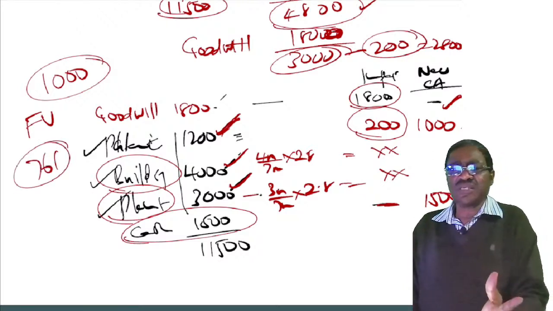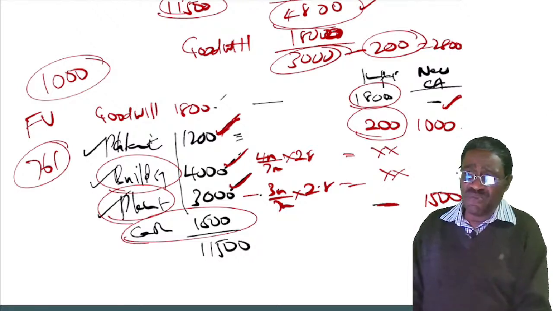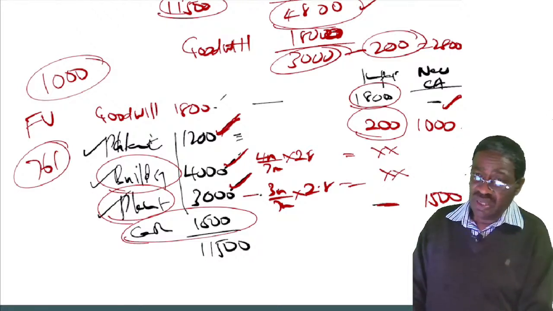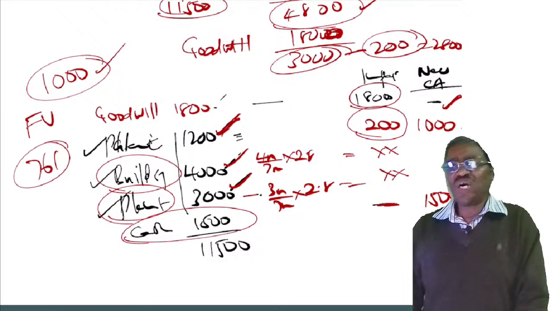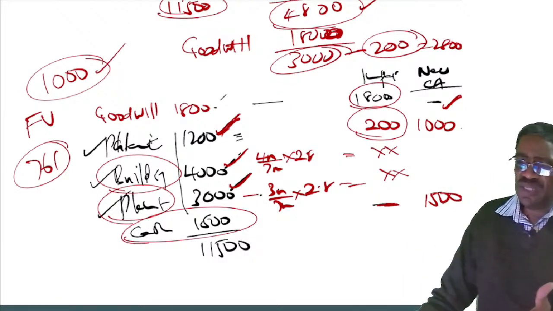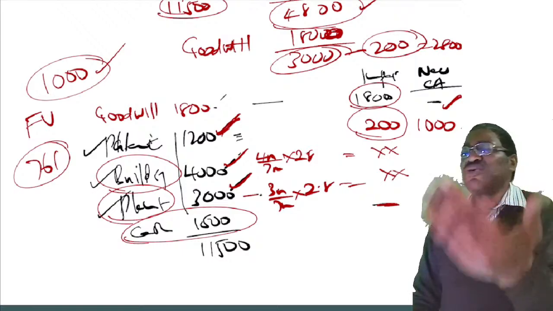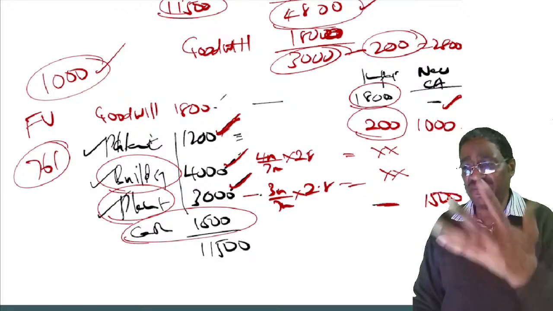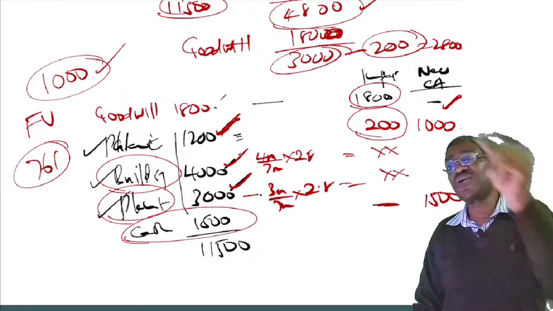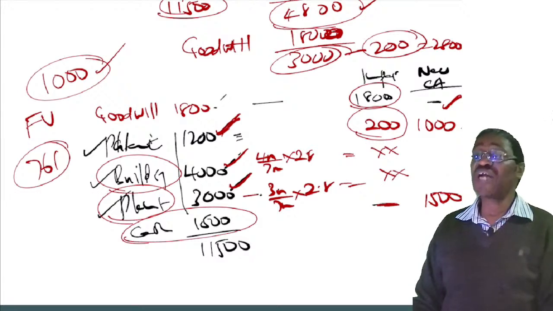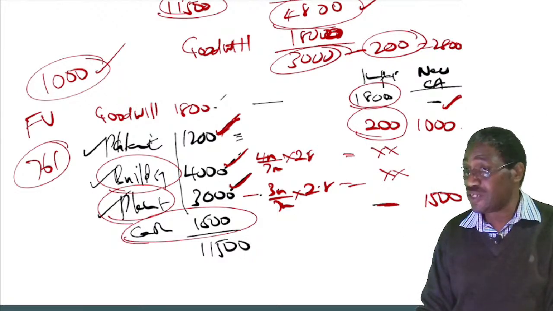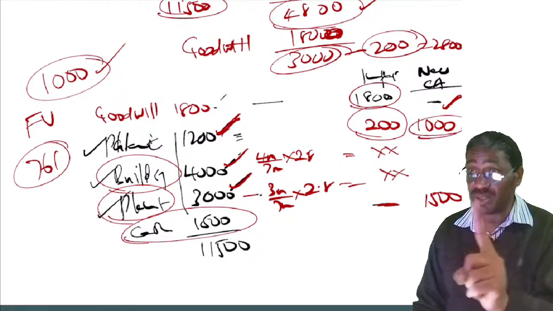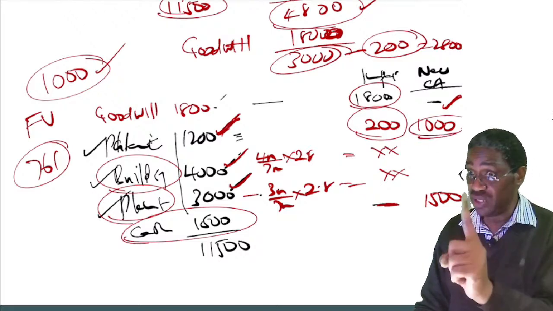But now we realize it has a fair value of 1 million. You cannot show an asset in the books at 761 when it already has a market value of 1 million. So you are required to bring it into the books at 1 million, the carrying amount now being 1 million, not 761.